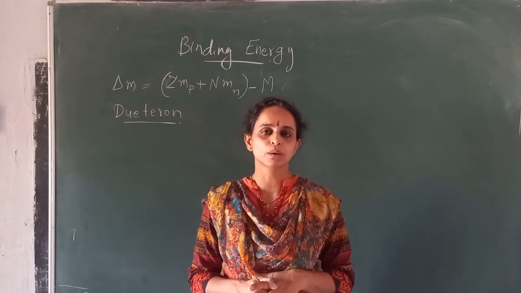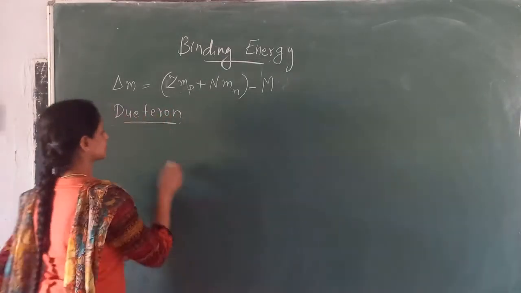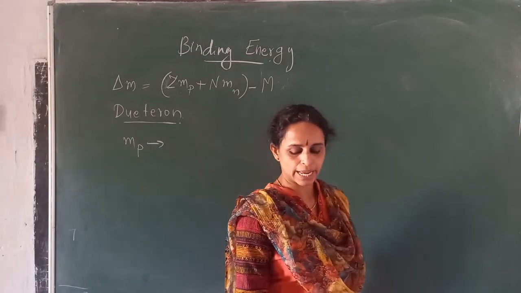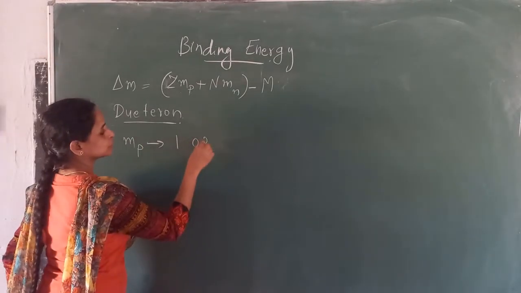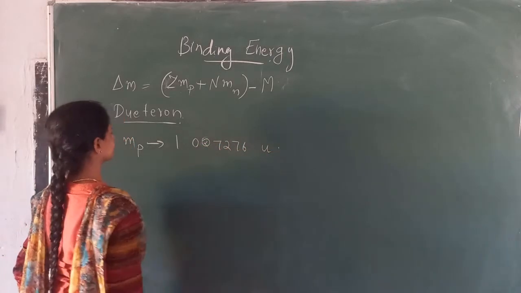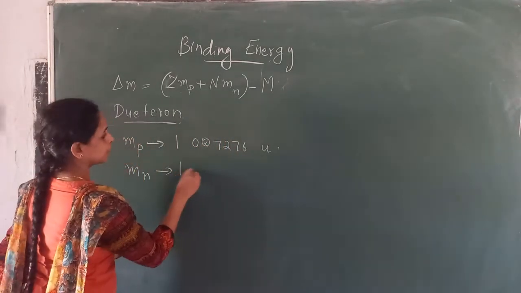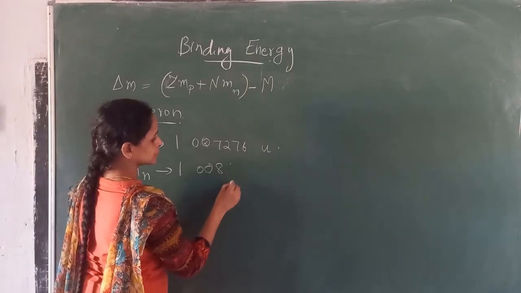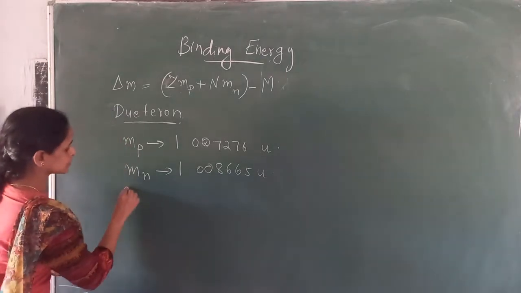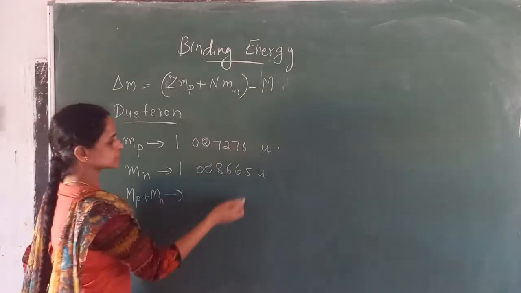You can see what the mass of the proton and the mass of the neutron are. The mass of a proton on the atomic mass unit scale is 1.007276 atomic mass unit. The mass of a neutron is 1.00865 atomic mass unit.